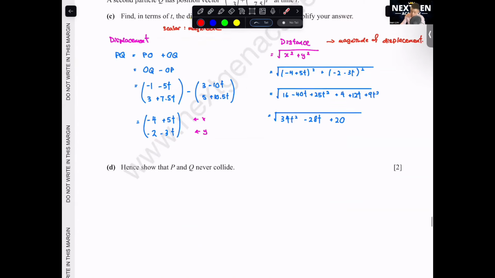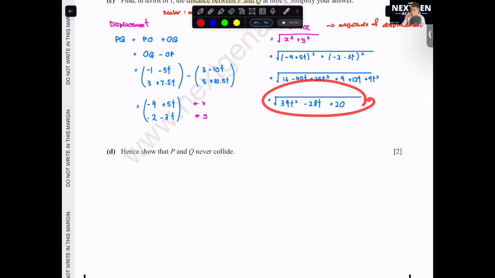Because this is a quadratic, we want to prove there's no solution to it. So I take PQ equals 0 first, and we can write 34t squared minus 28t plus 20 equals 0. This is when they will collide.